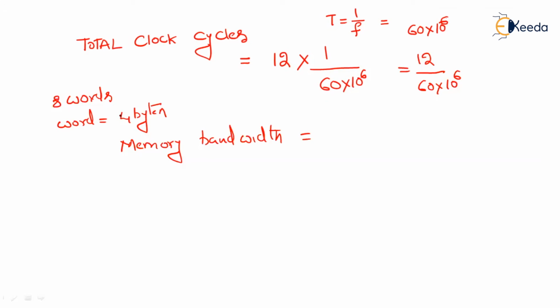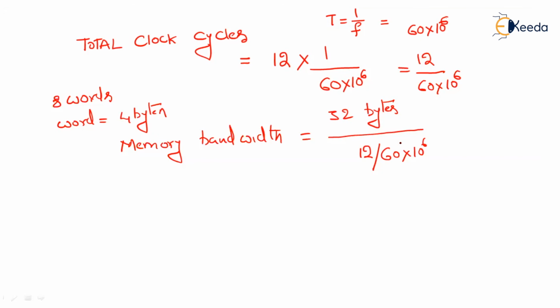So 8 into 4, total 32 bytes transferred. 32 divided by the cycle time, that is 12 by 60 into 10 power 6.